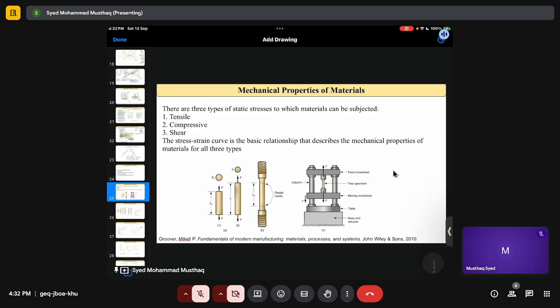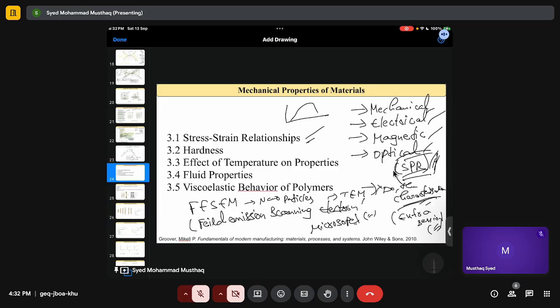Coming to the mechanical properties, if we only touch the surface, we will stick with only two characterization techniques: tensile testing and the hardness test. These two are the most widely used testing techniques to measure the properties of a material.